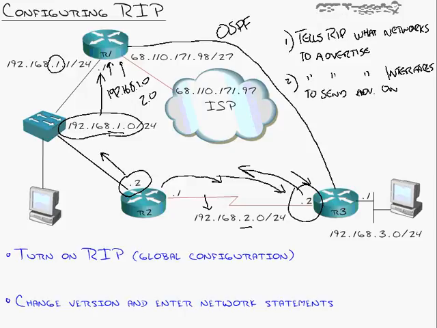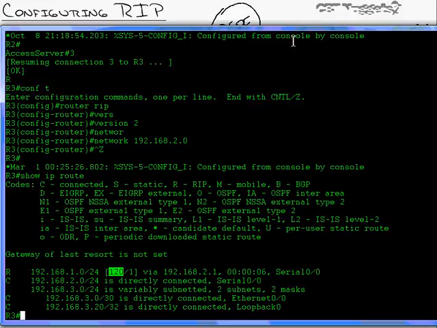Well, in this case, router 3 is going to hear about the 192.168.1 network over here from both router 1 via OSPF and from router 2 via RIP. So now it has to come to the crucial decision, which one do I believe? Well, OSPF is the better routing protocol, and because of that, it actually has a lower administrative distance.